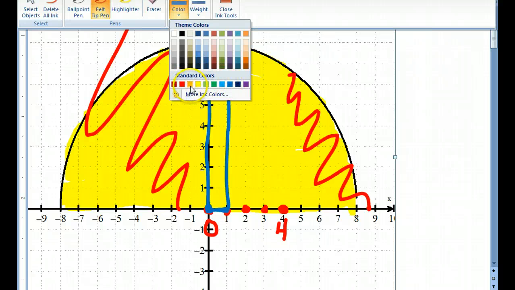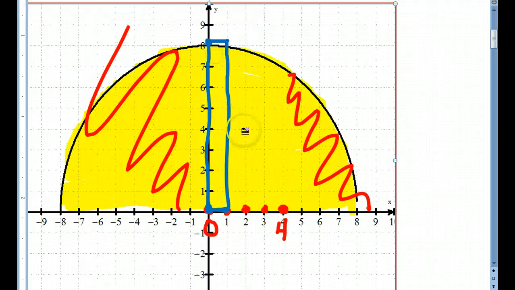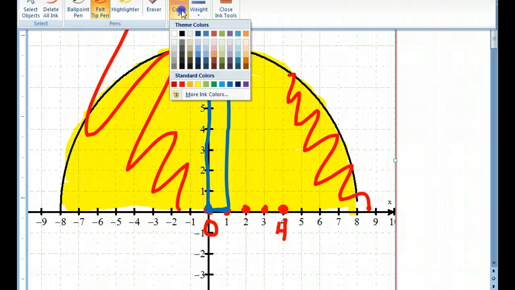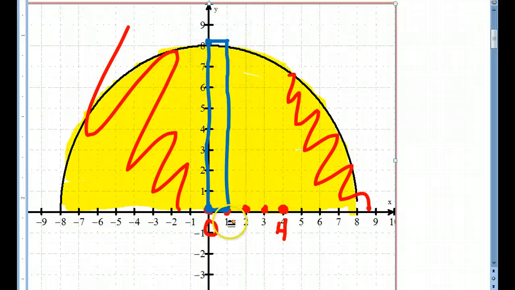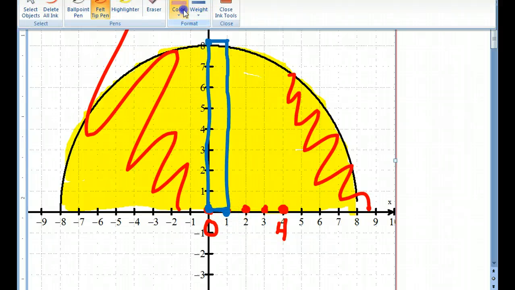Let's do orange. No, let's do this. Okay. Did I do the same color? Okay. So now from 1, that is the same color.